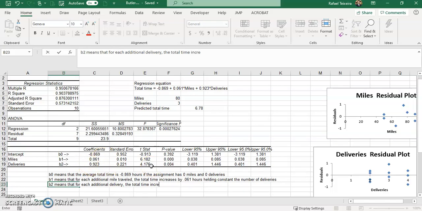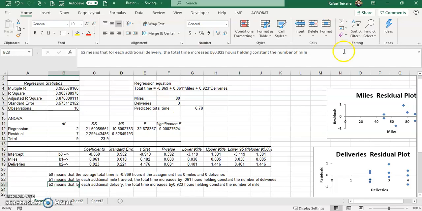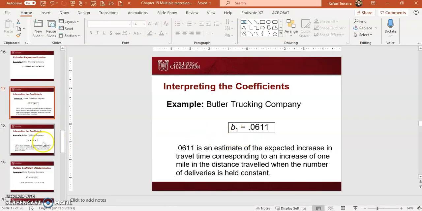So total time increases. By how much? 0.923 hours, holding constant the other variables, the number of miles. Okay, so this is the interpretation.